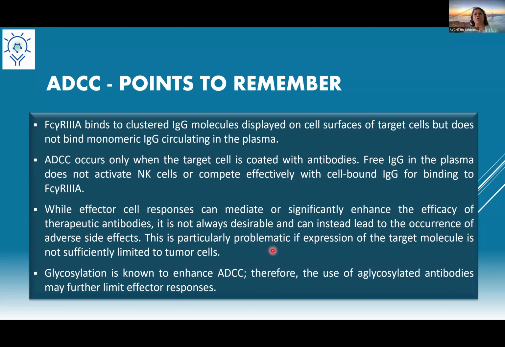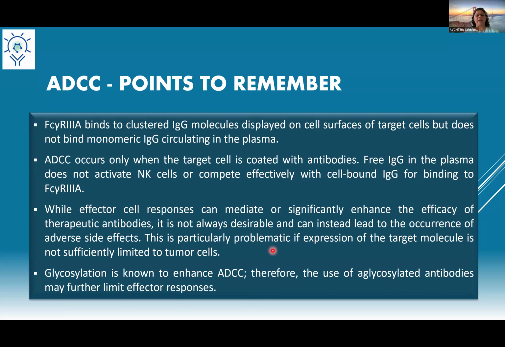The NK cell will not be able to differentiate between the cancer cell and the normal cell. It will bring about a cytotoxic effect on the cancer cell as well as the normal cell. Therefore, it can cause a lot of side effects. So it is very important to have a marker which is very specifically expressed on the cancer cells.